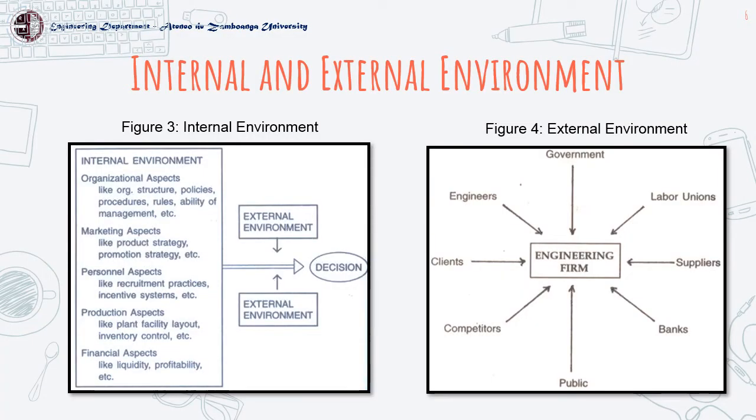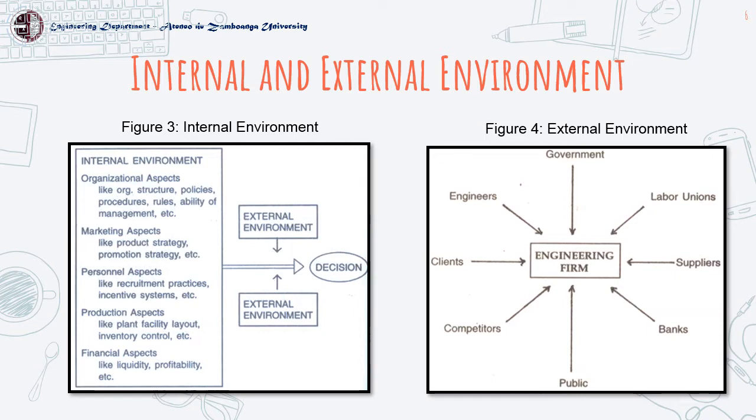So we have the internal environment. The internal environment are the organizational activities. So you have organizational aspects like the structure, policies within the organization, the rules, the ability of management, marketing aspects, personnel, recruitment, incentive systems, financial aspects.